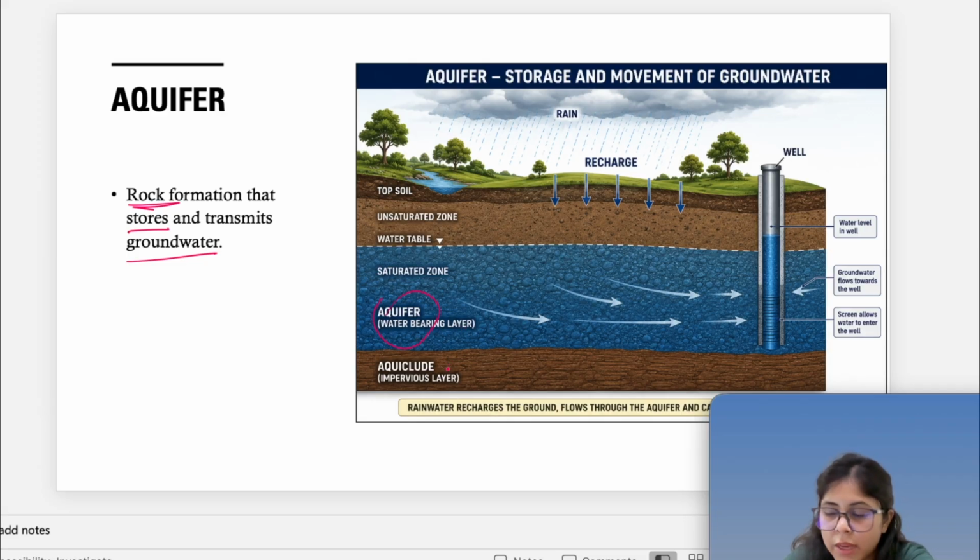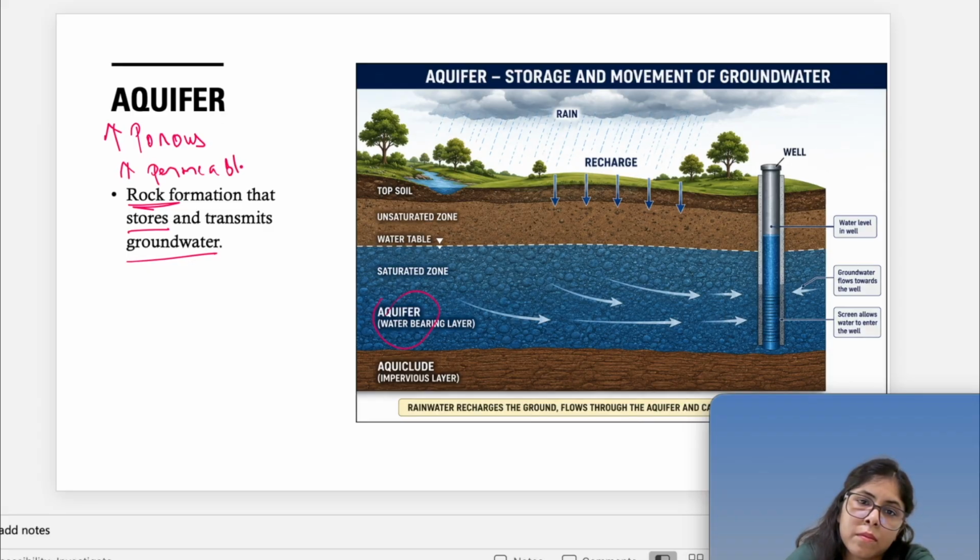It is a water bearing layer. Aquifers are geological formations. First of all, they are naturally formed. These are highly porous and highly permeable.